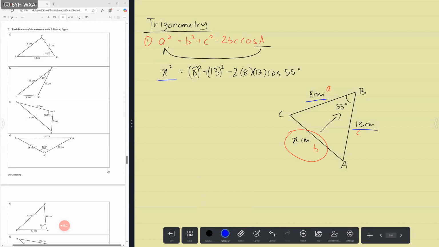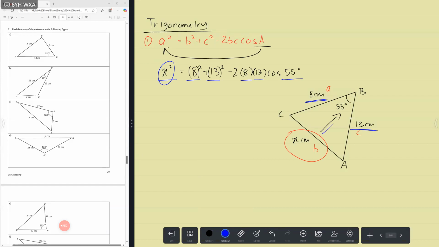So if I want to find the length of x, always start with what you want to find in this corner here. Your next two lengths are whatever is given in the diagram. If you put 8 and 13 here, these two numbers will repeat themselves in the 2bc part. And lastly, the angle 55 degrees is the corresponding angle of your length x.